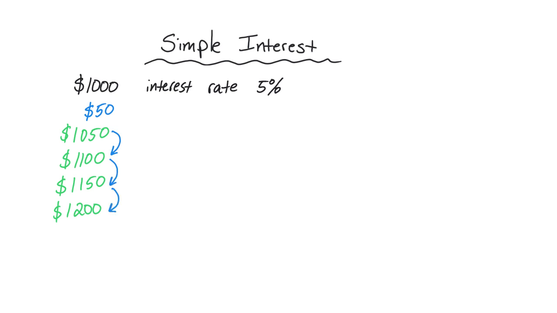So 5%. The way that we can calculate the interest on any investment, if the interest is simple, to find how much money we're going to get in interest, we use the equation I equals PRT. And then we label our investment here. The I represents the interest in dollars.